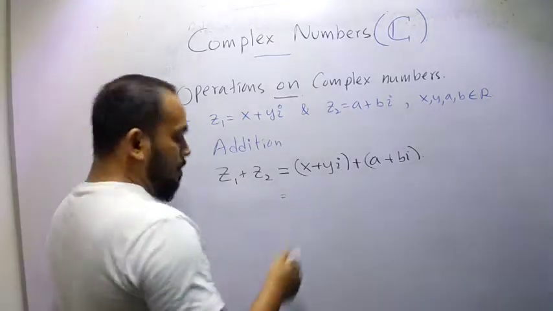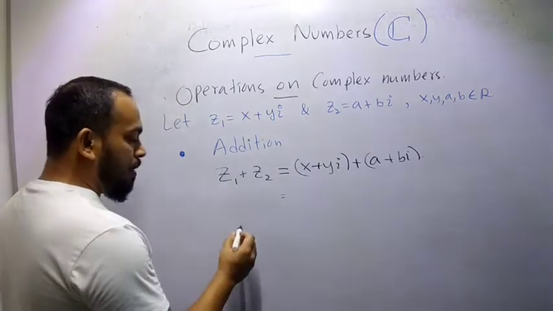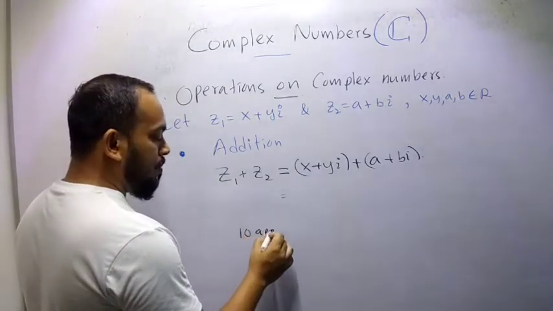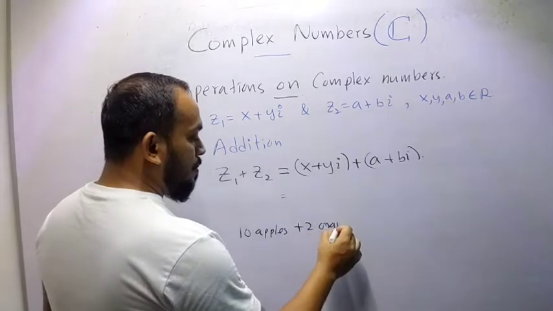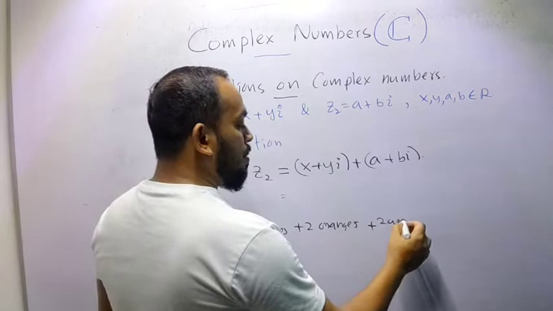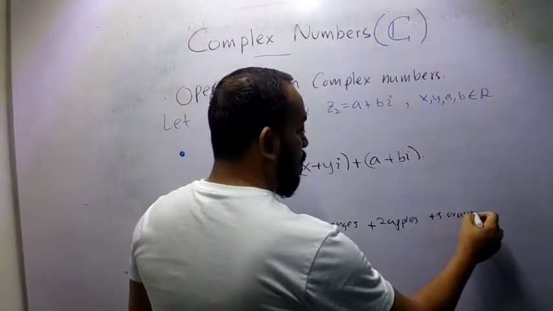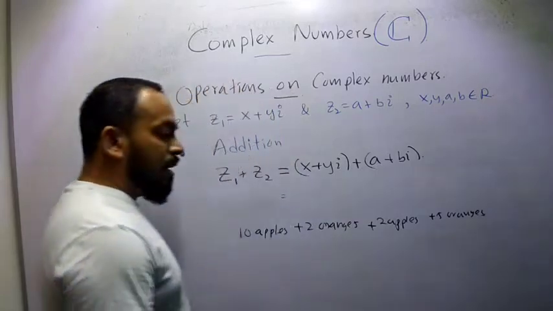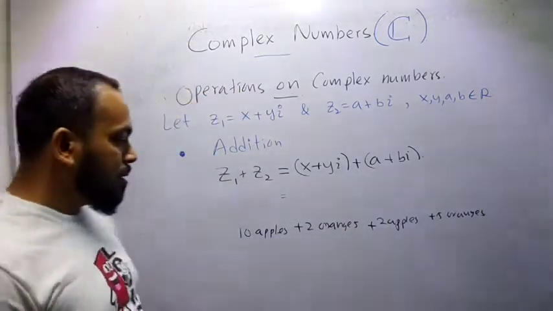So here, if we have 10 apples, 2 oranges, then you have 2 apples and 5 oranges. So when you add them, what can you add? You can add apples to apples and oranges to oranges separately.